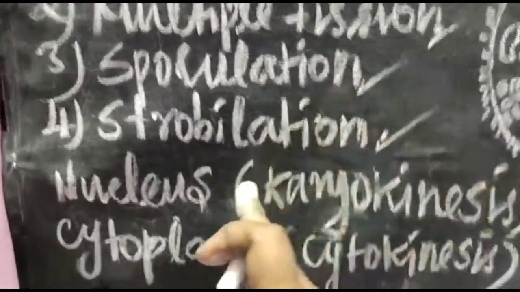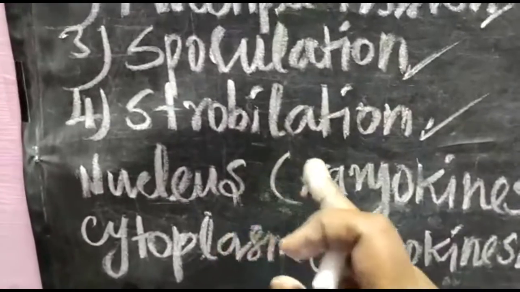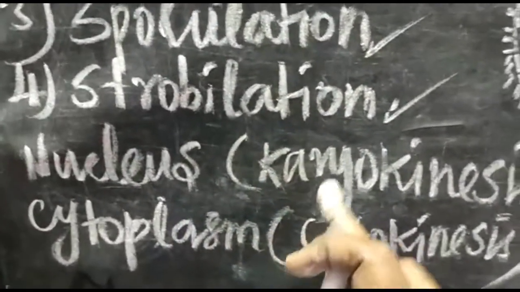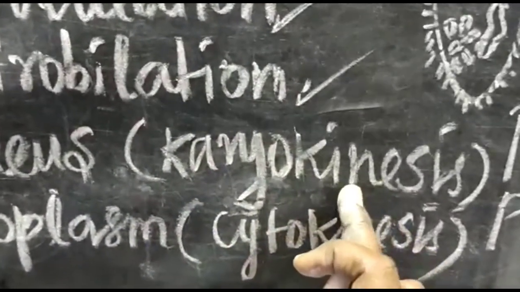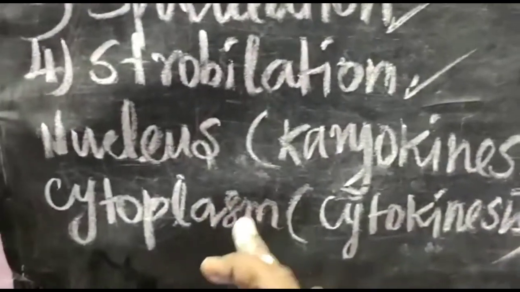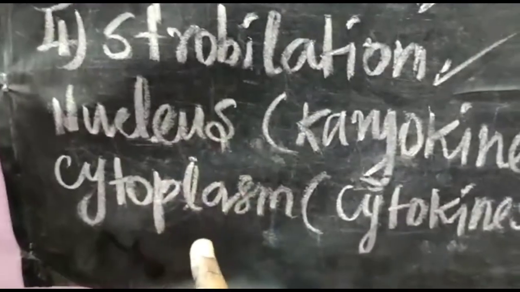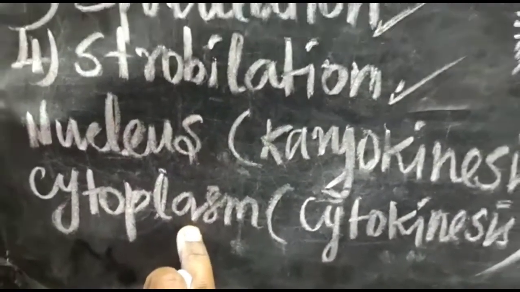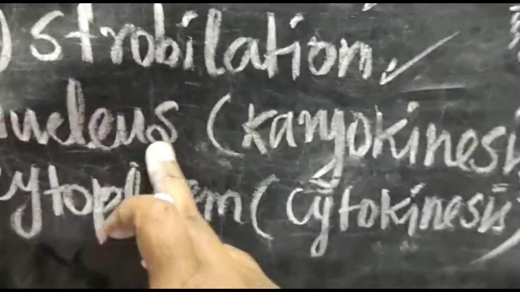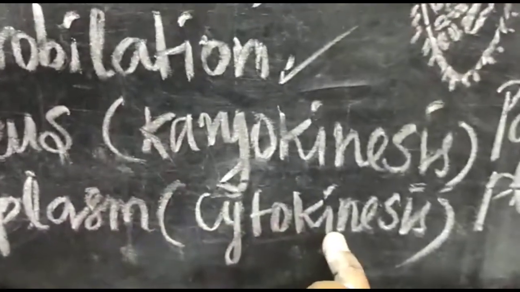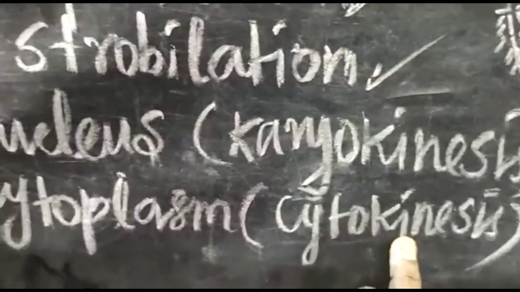When the nucleus divides first, amitotically or mitotically, that is karyokinesis. Then the nuclear division is followed by cytoplasmic division, and this cytoplasmic division is known as cytokinesis.